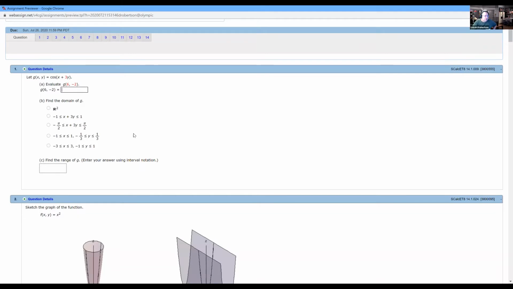Now, in this story here, what is the domain of this function they're calling g? What are the usable x, y combinations? Well, let's look at the function. Can you use any x and y you like in the calculation x plus 3y and you'll be fine?